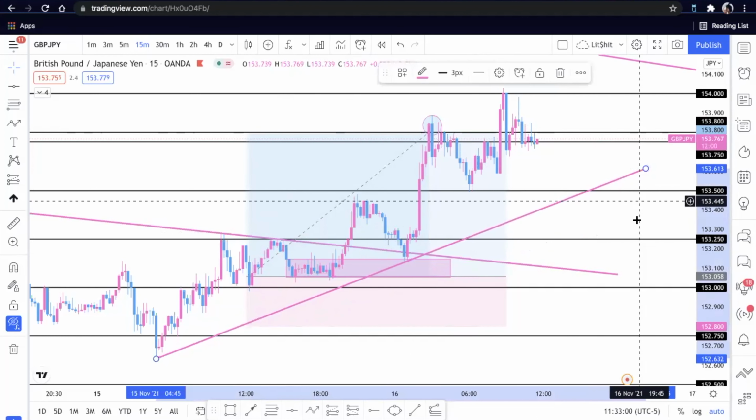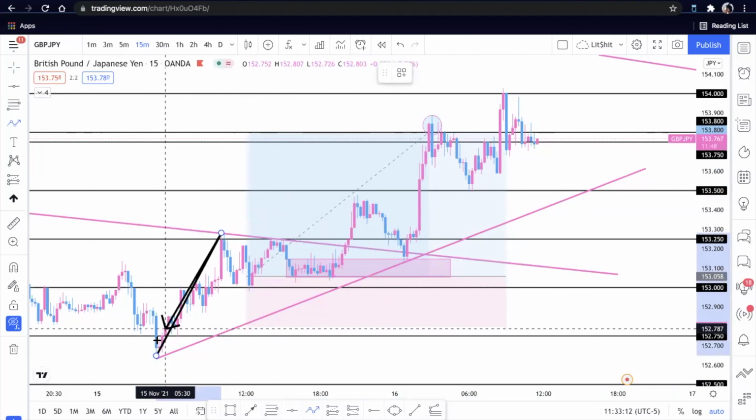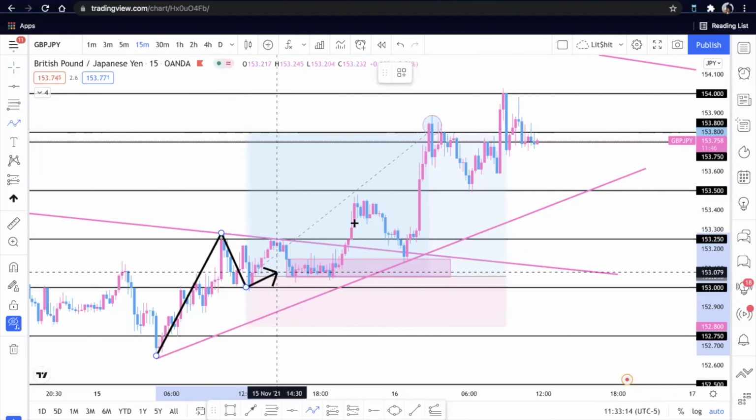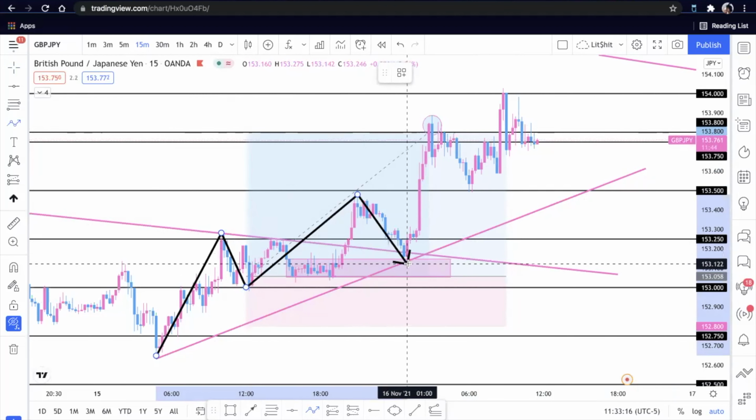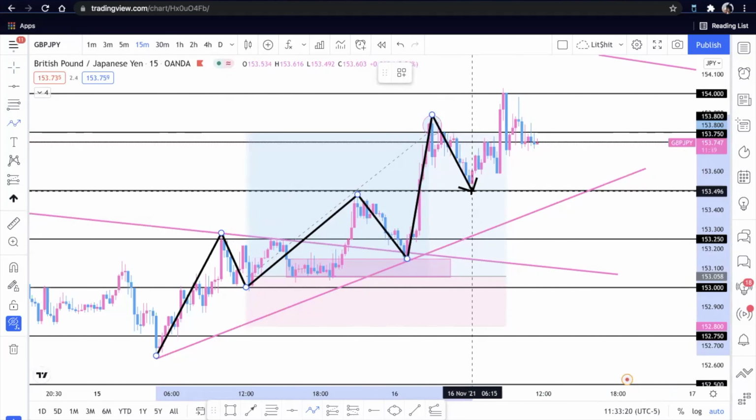Okay, with an uptrend, you're going to get a low, a higher high, a higher low, because this low is higher than the last low, higher high, higher low, higher high, higher low, and another higher high.